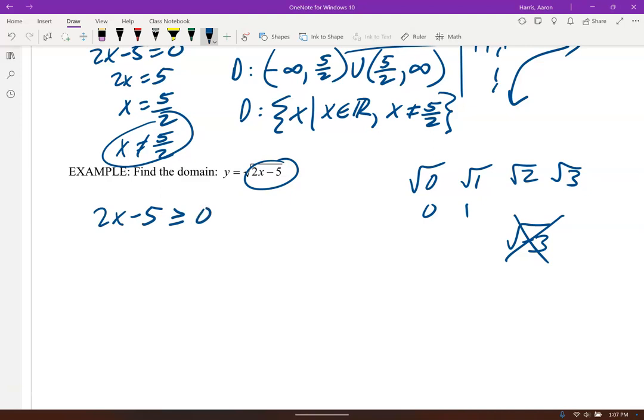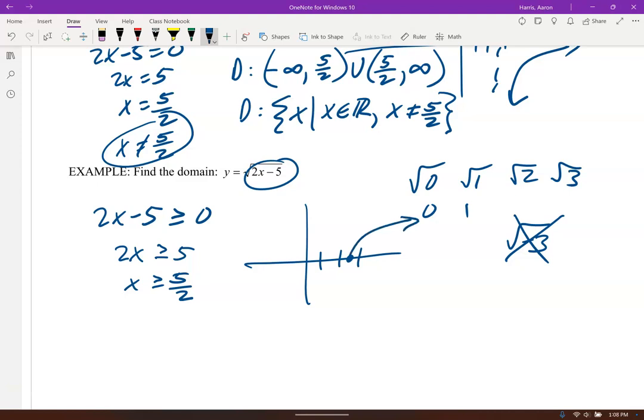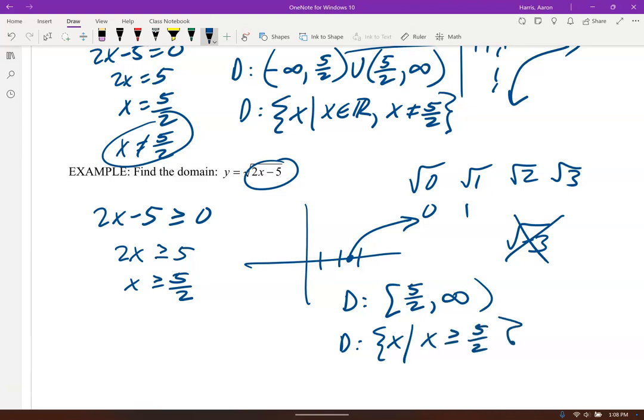Whatever the radicand is must be greater than or equal to 0, and then you solve it. Add 5 to both sides. Divide by 2 on both sides. So x has got to be greater than or equal to 5 halves. So what this one kind of looks like is like that. It's going to take off from 5 halves, and it's going to keep going to the right. In other words, x such that x is greater than or equal to 5 halves in set notation.